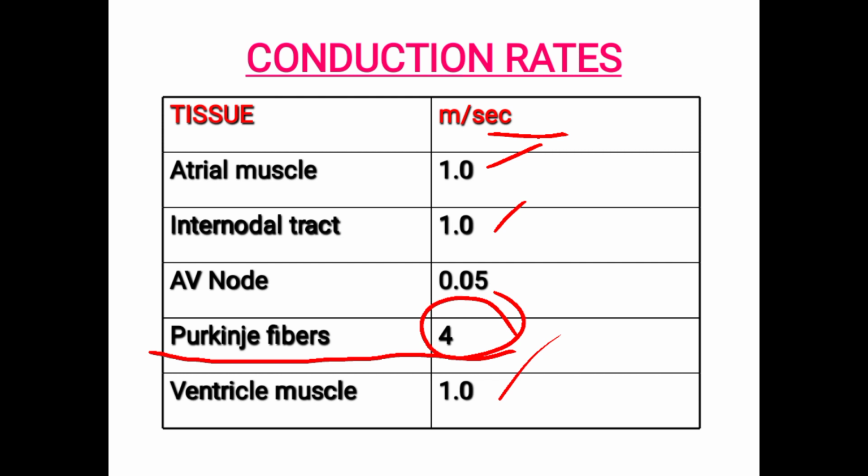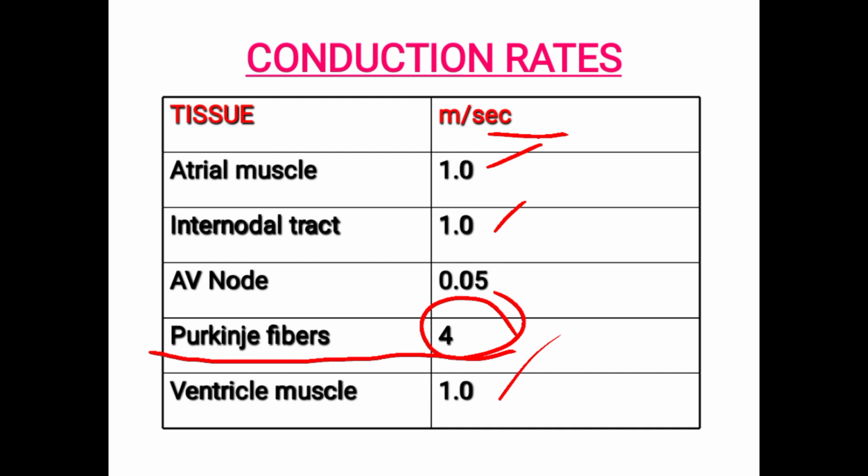So if the question is the conducting system of the heart, first you have to draw the diagram, which is important. After the diagram, write each part: the conducting system contains the SA node, AV node, bundle of His, bundle branches and Purkinje fibers.